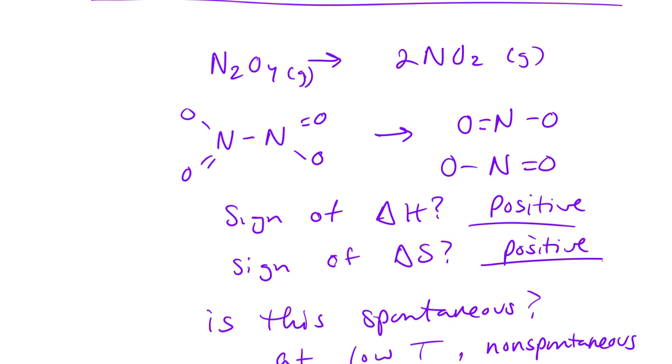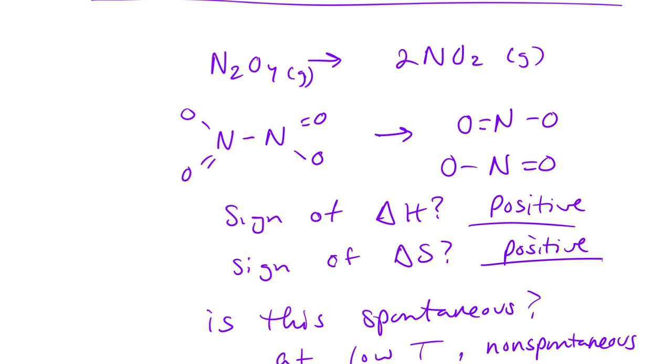Does that make sense? Don't ask me what delta H is going to be if we have more than a decomposition reaction. That's a lot harder to predict. Okay, questions on that?